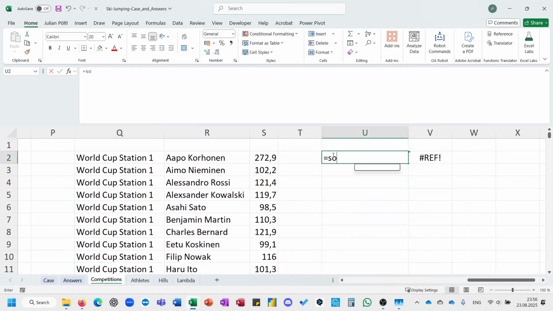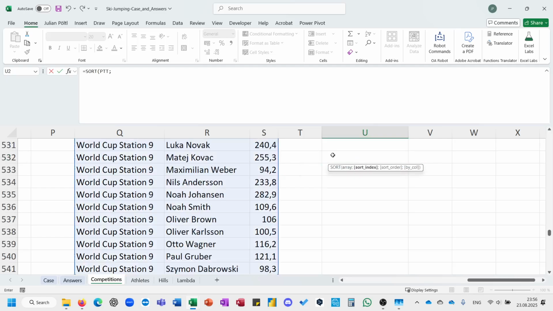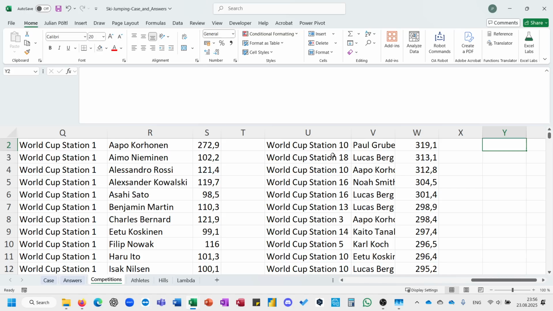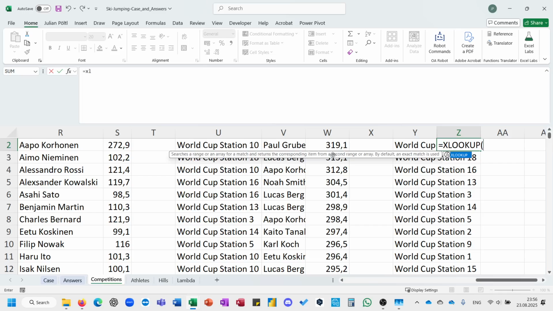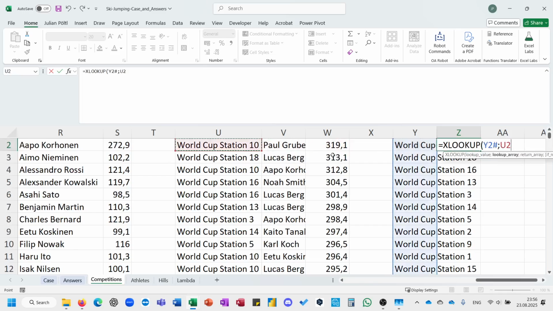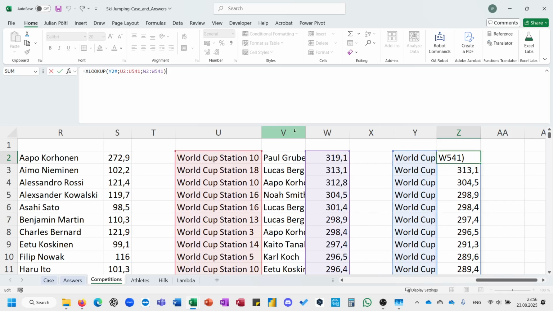Of course, sort this by the third in descending. And then I use unique and XLOOKUP. And we get not the points, I want to have the name.